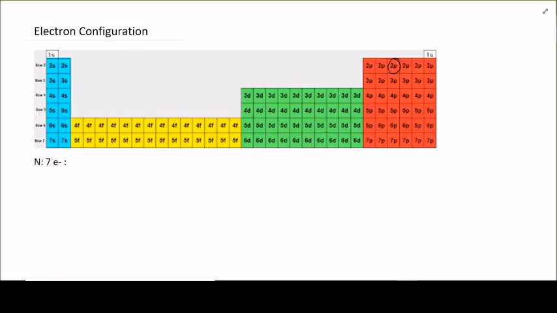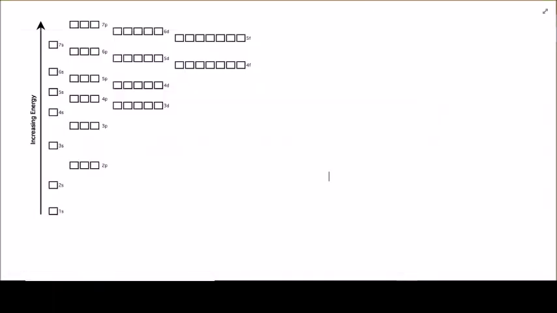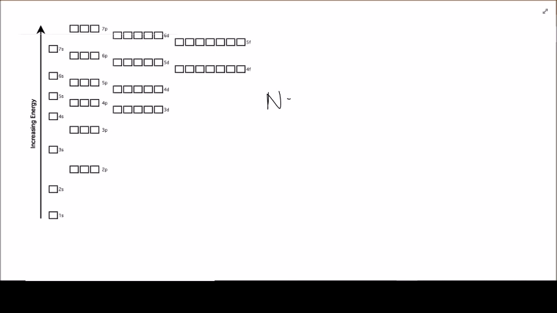In drawing electron configurations, it's easier to learn by example. So here we have nitrogen located here in the periodic table. Now, if you remember the orbital diagrams, we have 7 electrons for nitrogen.